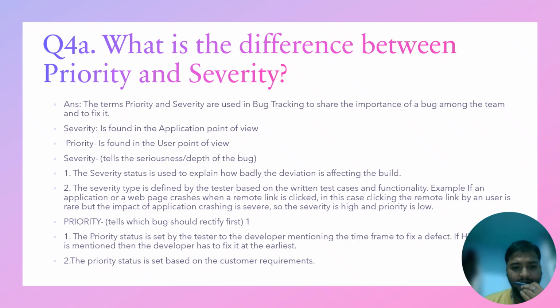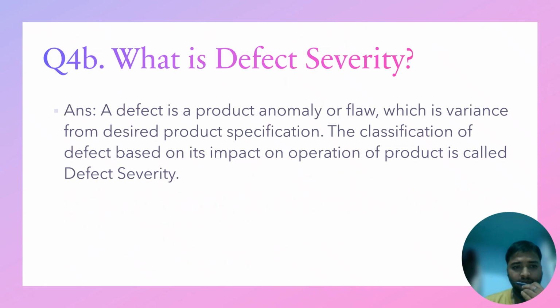The priority status is set by the tester to the developer, mentioning the time frame to fix the defect, and then the developer fixes it earlier. The priority status is set based on the customer requirements.